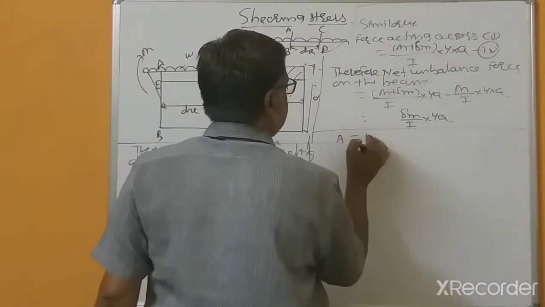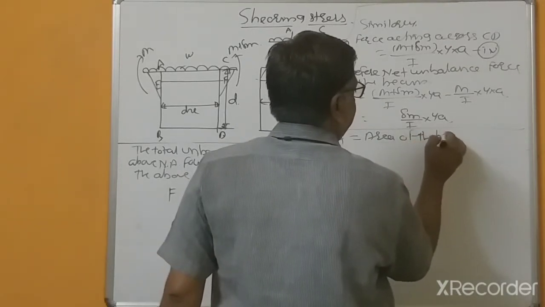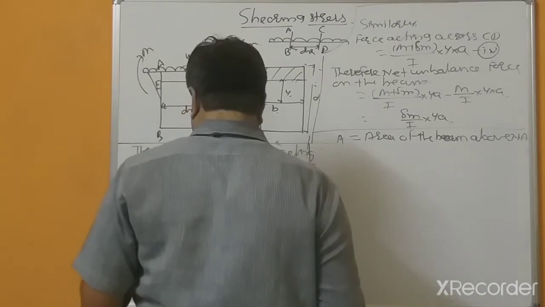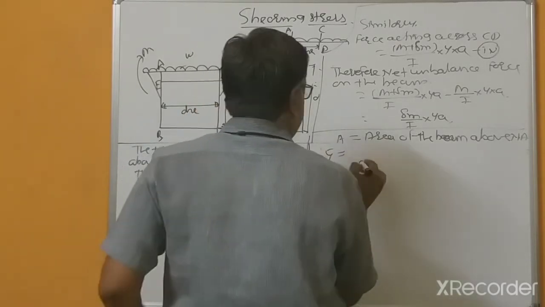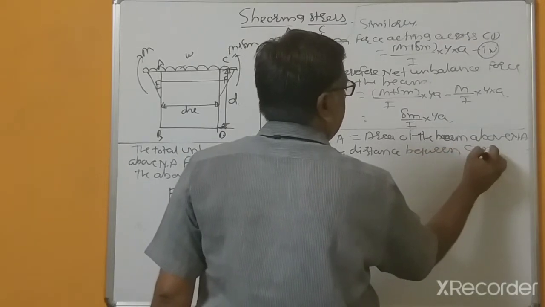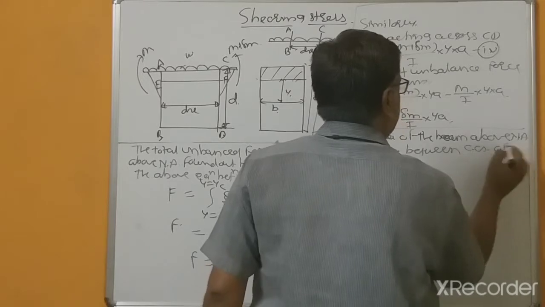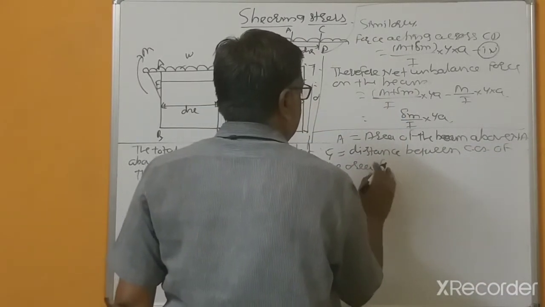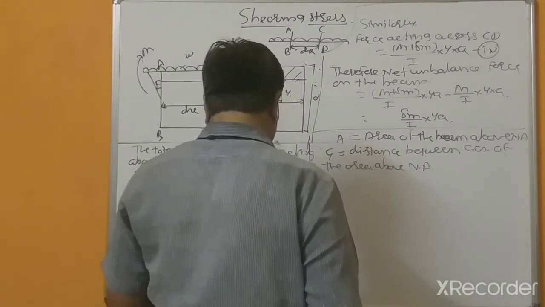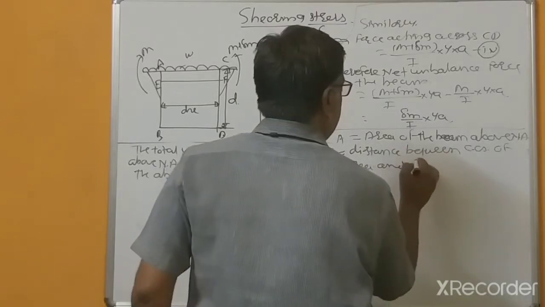So A is the area of the beam above the neutral axis, and Y bar is the distance between the center of gravity of the area above the neutral axis and the neutral axis.